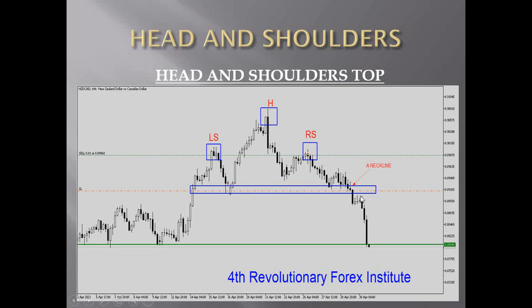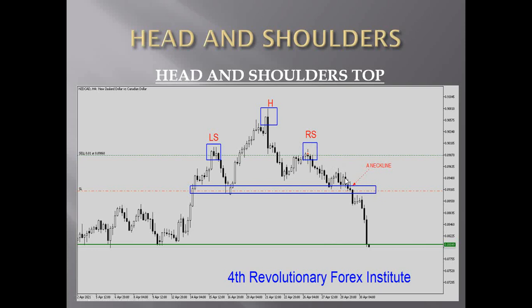You can see the market formed the pullback, tested the neckline, and then went down again. So here you could have executed a trade, putting your stop loss above the pullback. However, if you execute a trade immediately after the breakout, you will have to put your stop loss above the right shoulder. That will increase your exposure to the market.